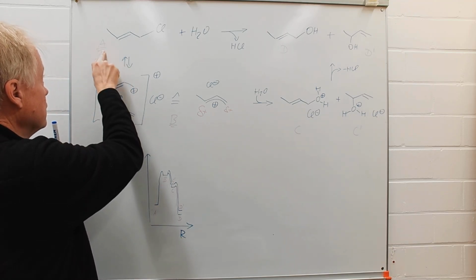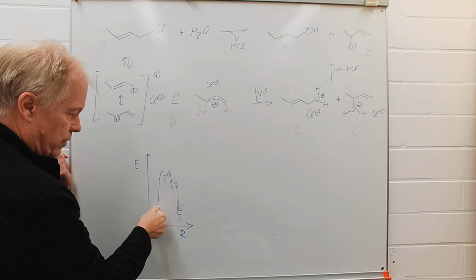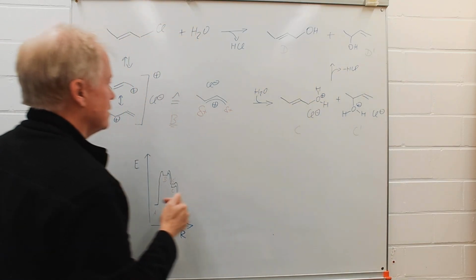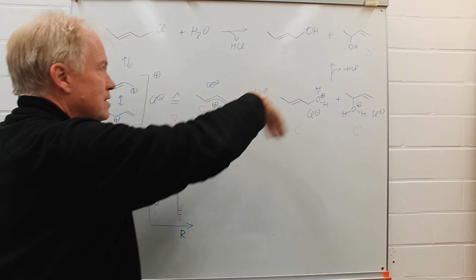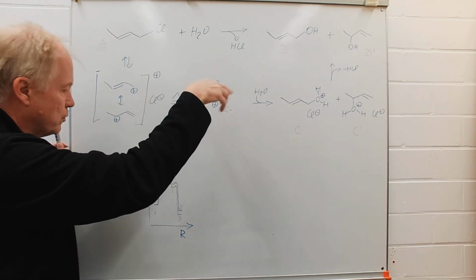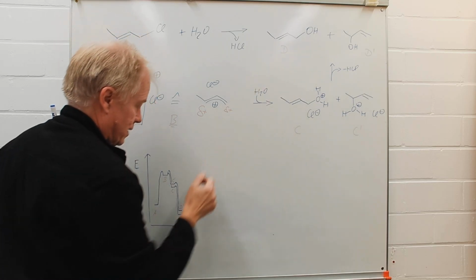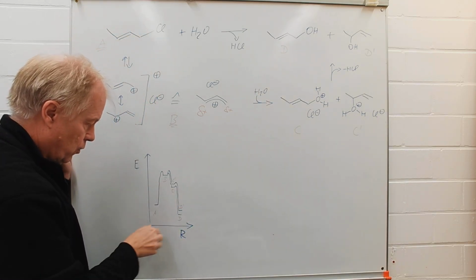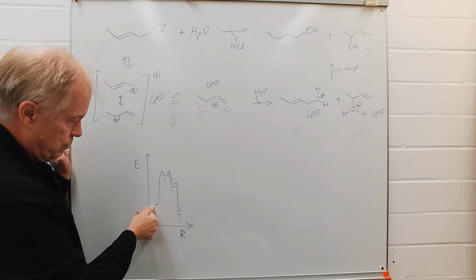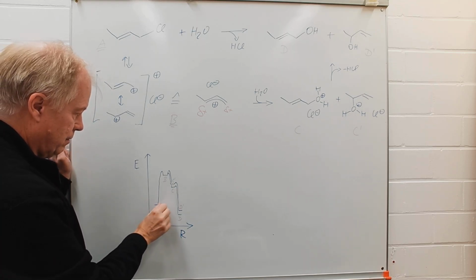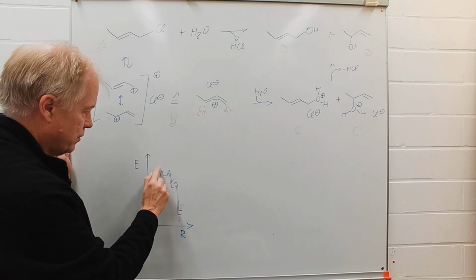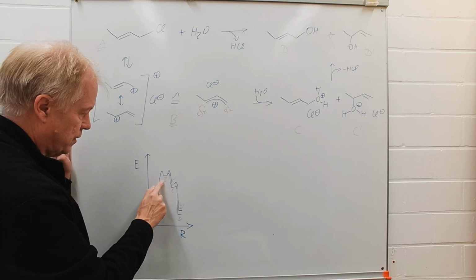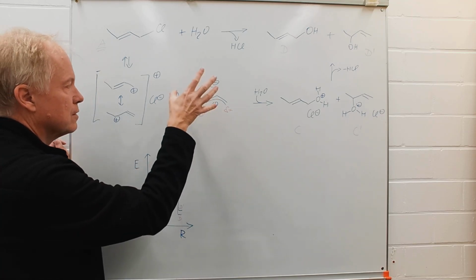First, energy level here, A. Somewhere here we have to pay attention that the products D, since this is nicely, smoothly proceeding, the products' energy levels should be lower than the starting point. So, from A, via a transition state, we will get to the reactive intermediate B, this one.